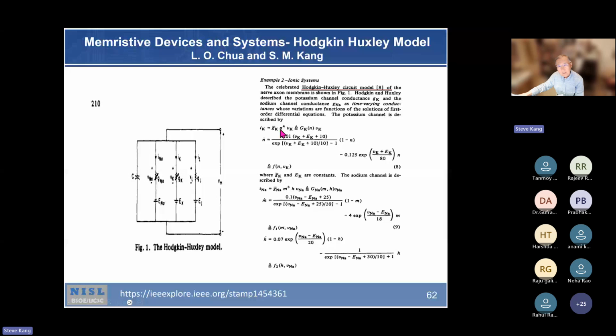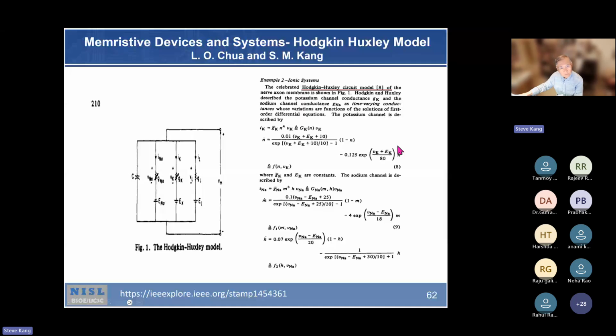So you can say that this is a conductance, a function of n. N itself is a state variable. N dot is equal to this complex nonlinear equation multiplied by 1 minus n, minus 0.125 exponential function of VK plus EK, which is a biasing DC voltage, divided by 80, multiplied by n. So this is a nonlinear differential equation, see? So that's why this can be declared as a memristor, for instance.